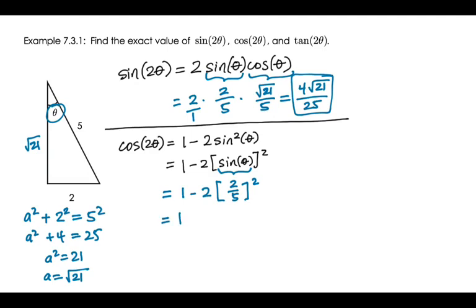I've got 1 minus 2 times, squaring this, 4/25. Next comes the multiplication, 2/1, so this 1 is just hanging out, minus 8/25. And then common denominator. The 1 I'll write as 25/25 minus 8/25, and that gives me 17/25.